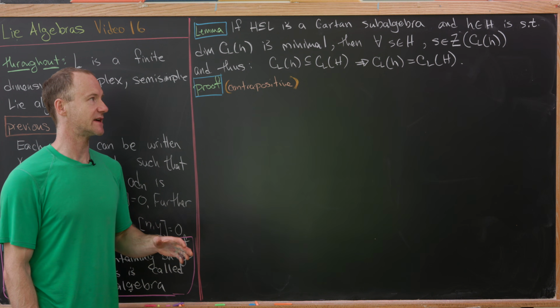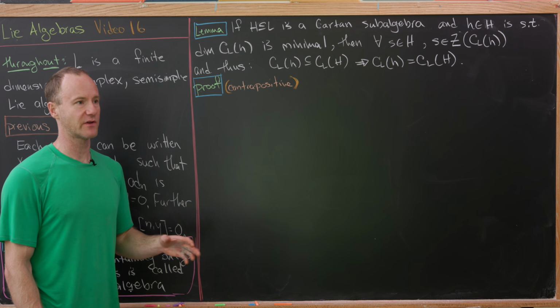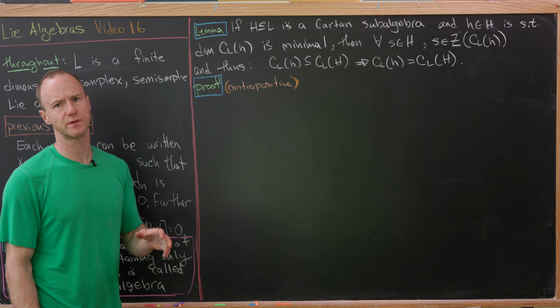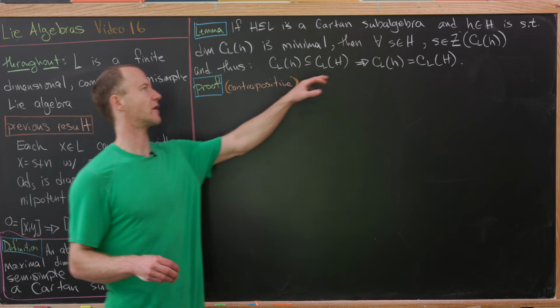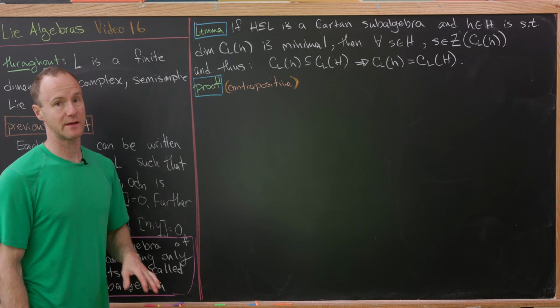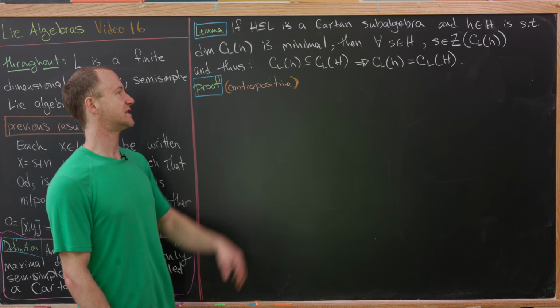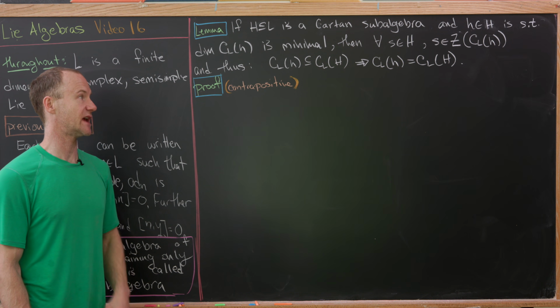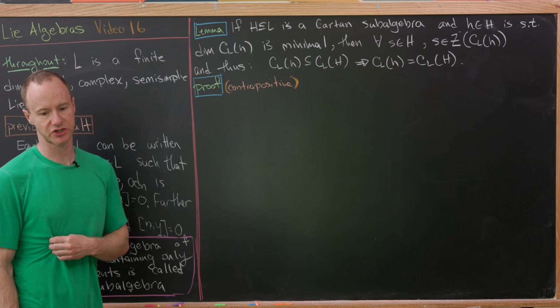So every s commutes with everything that commutes with h. So that's what's going on there with this crazy condition here. And then that will imply that the centralizer of little h is contained in the centralizer of big H.